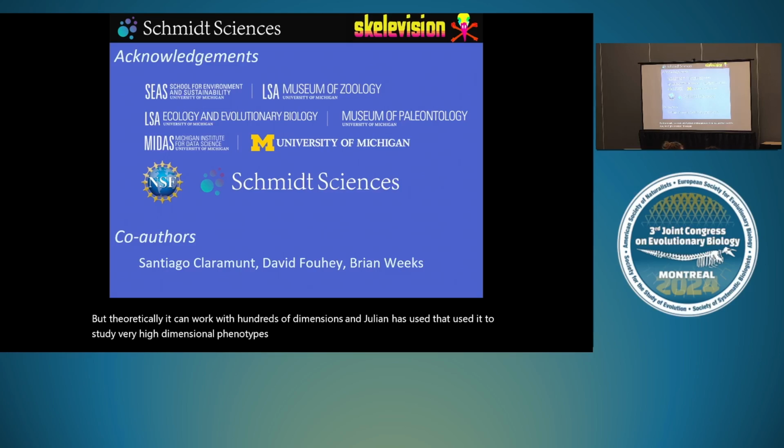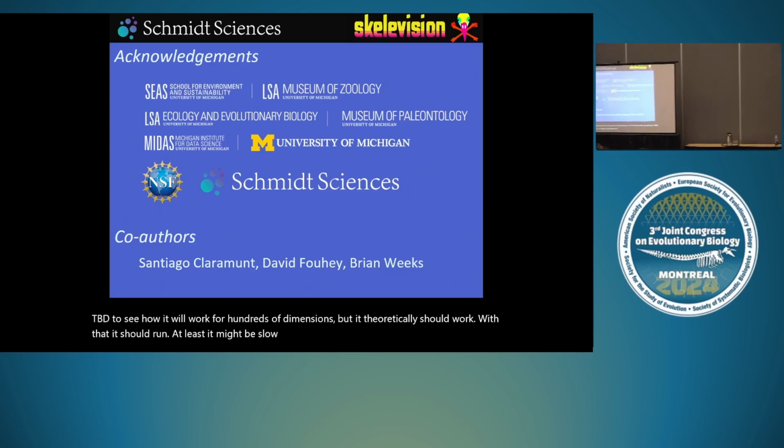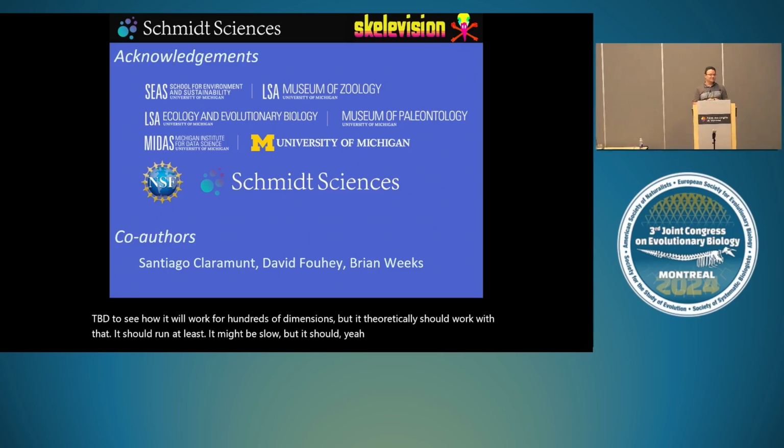But he hasn't yet implemented a search type of algorithm quite like this. And so it's TBD to see how well it will work for hundreds of dimensions, but it theoretically should work with that. It should run at least. It might be slow, but it should.